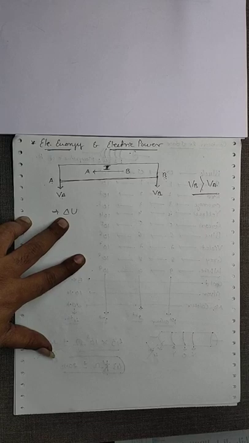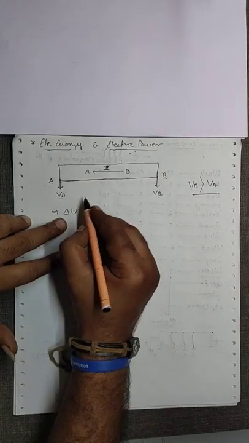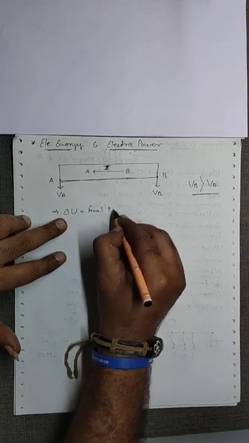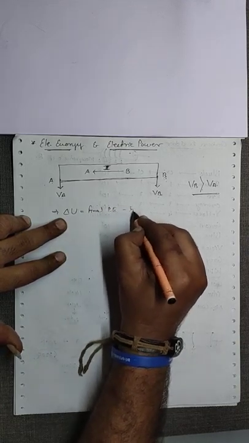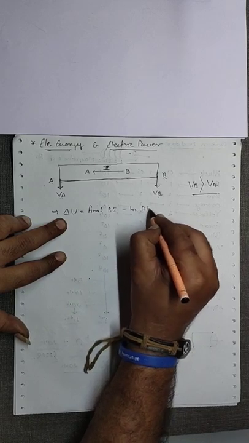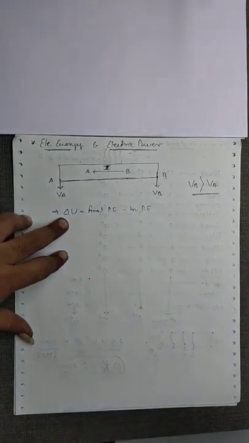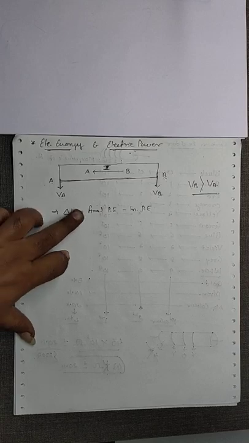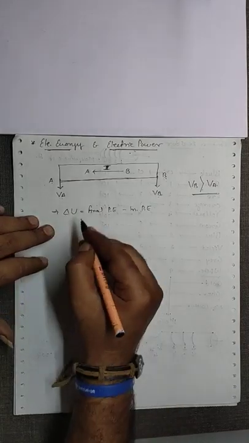And that change in potential energy is given by final potential energy minus initial potential energy. Okay? Final potential energy means you have to take the energy at a higher potential.